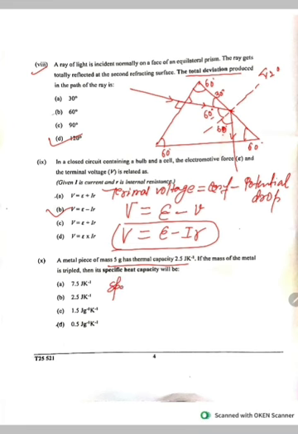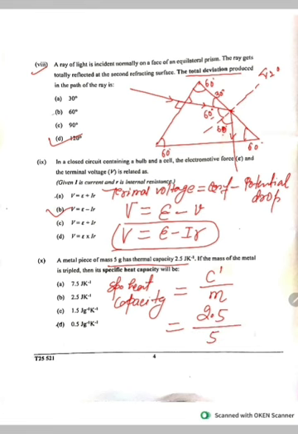We know that specific heat capacity is equal to heat capacity of any object divided by mass. Here they have given heat capacity 2.5 and mass 5, so joule per Kelvin per gram. Okay, so it will come to how much?